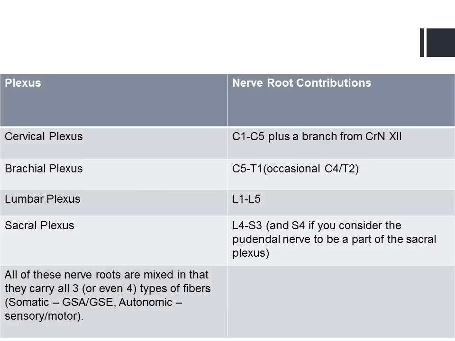We refer to those as the GSA, or general somatic afferent fibers, and the GSE, general somatic efferent fibers. And then also traveling in these nerve roots are autonomic nerve fibers, again both sensory and motor fibers. Those we refer to as the GVA, general visceral afferent, and GVE, general visceral efferent fibers.